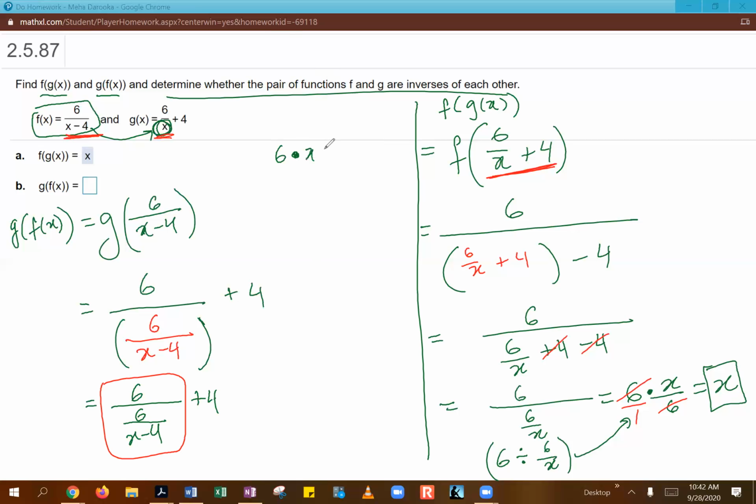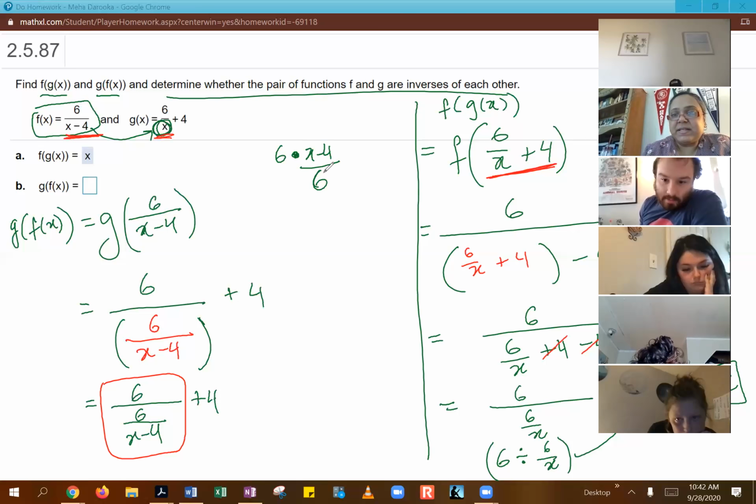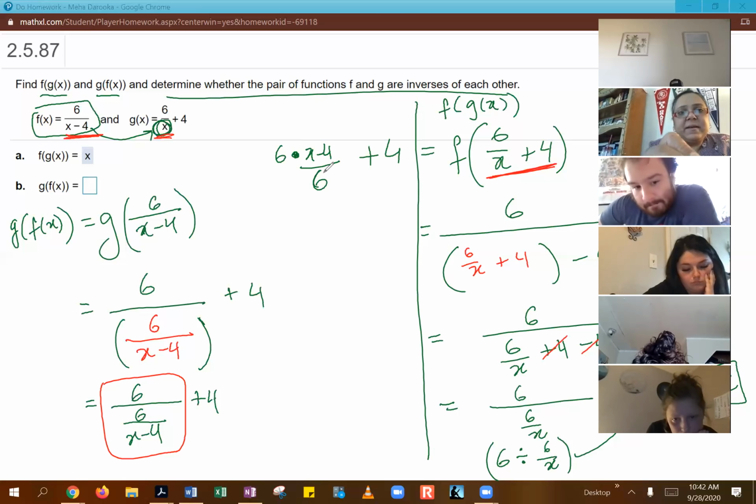So you can put x minus 4 on the top, 6 on the bottom, which is the exact same thing we did over here on the right-hand side when we were simplifying that last part. So we're doing the same thing over here, and then you, of course, have that plus 4 at the end. So we'll just leave that at the end. So 6 on the top, 6 on the bottom will end up canceling each other out again.